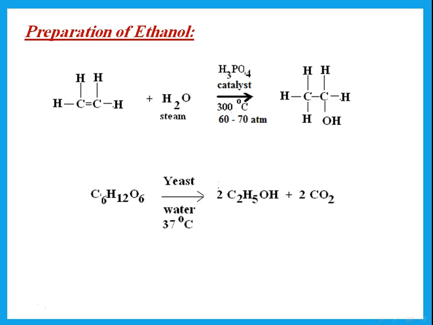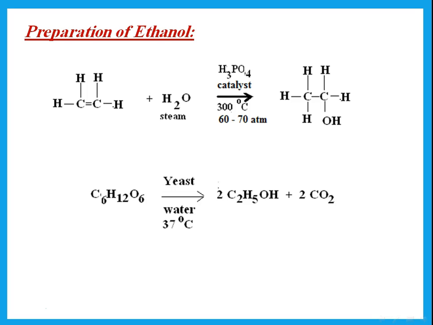The problem with this is that where do I get ethene? We get ethene from petroleum, and we will discuss how do we get ethene from petroleum. But anyway, in order to obtain ethene, I need to be in a country, for example, that has a lot of petroleum. So in that case, they will use the petroleum to make ethene, and then from ethene, they add steam to make ethanol.